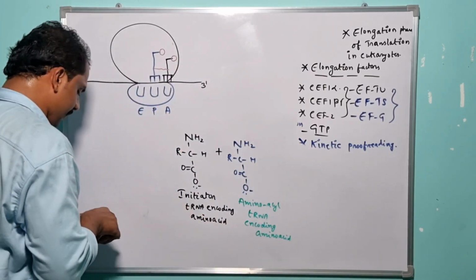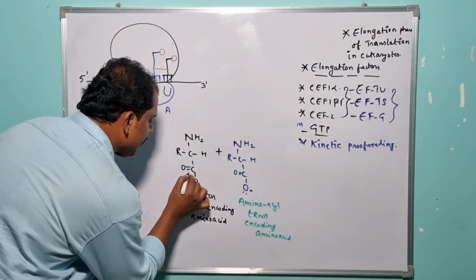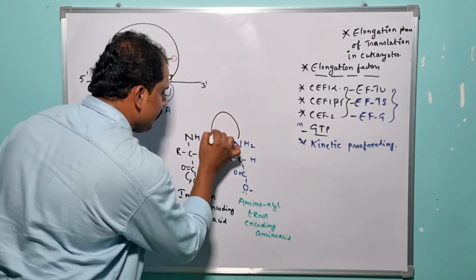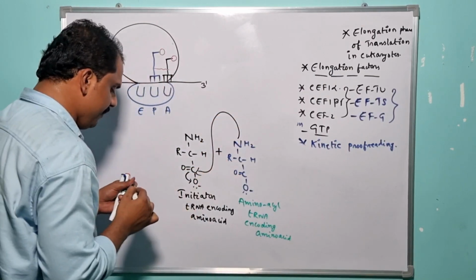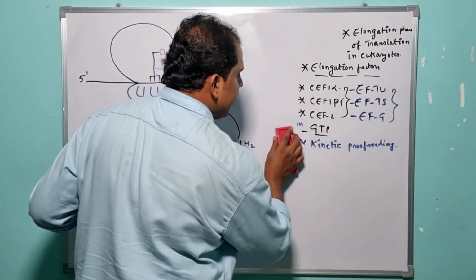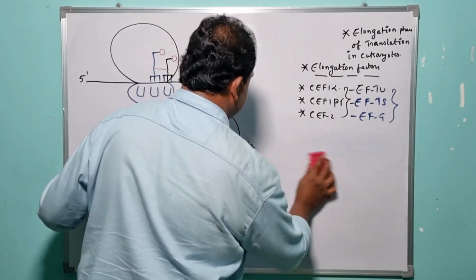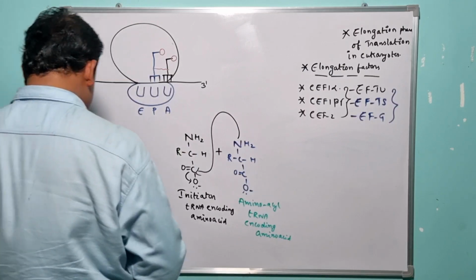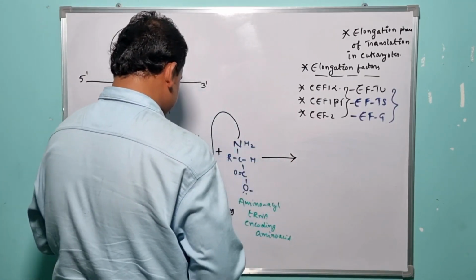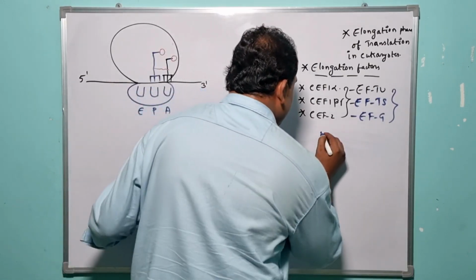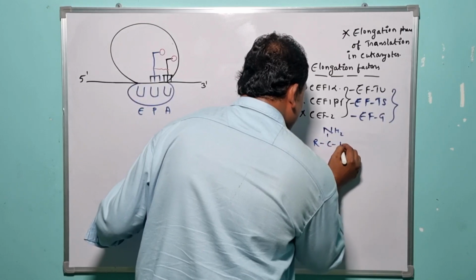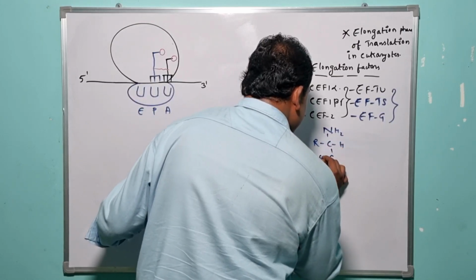So here, exactly here the nucleophilic attack takes place, and in between the initiator tRNA encoding amino acid and the amino acid tRNA encoding amino acid, the peptide bond formation takes place, right? Peptide bond formation takes place. So something around like this, right?